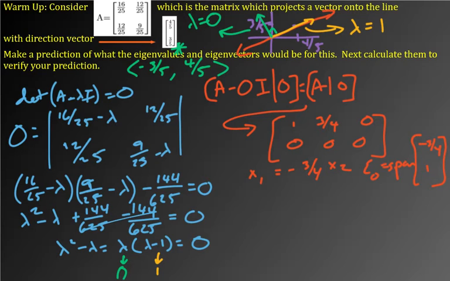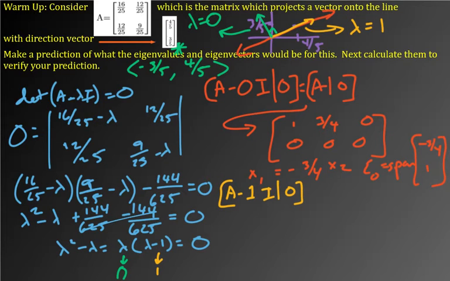If you multiply that by 4/5, you would get this green one that we predicted here. And then you do the same thing for lambda equals 1. So you have A minus 1I augmented with 0.